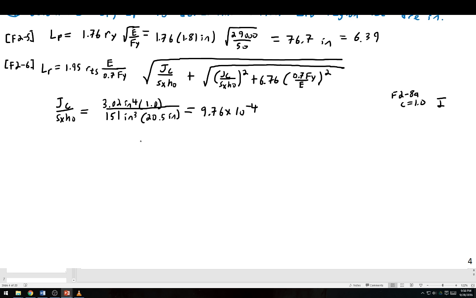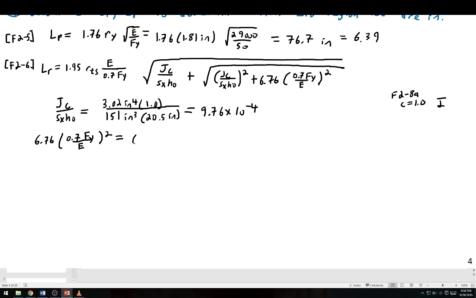Okay. So the next chunk that I'm going to get is just this part here, the 6.76 times 0.7 Fy over E quantity squared.